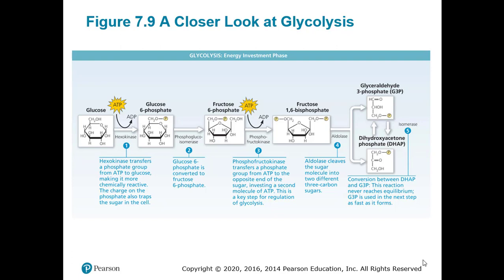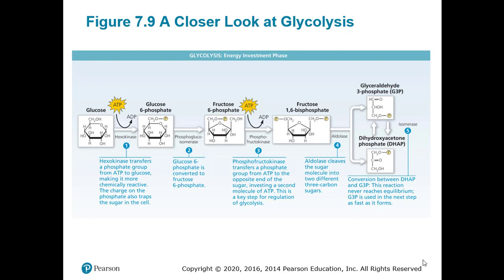And at the end of the energy investment phase, remember, glucose has 6 carbons. It's C6H12O6. We're going to have a whole bunch of enzymes. We're going to add 2 ATP to give energy to start this process.